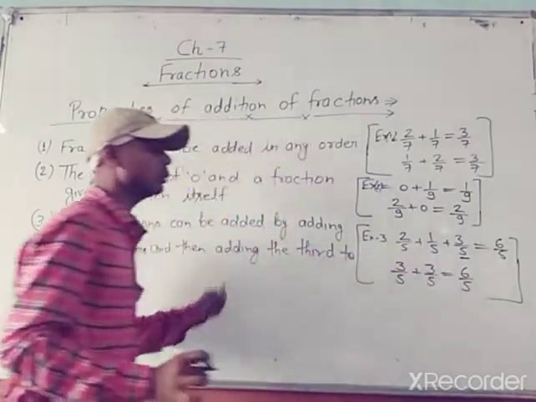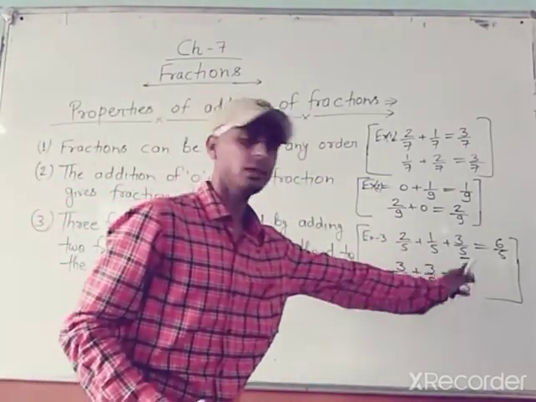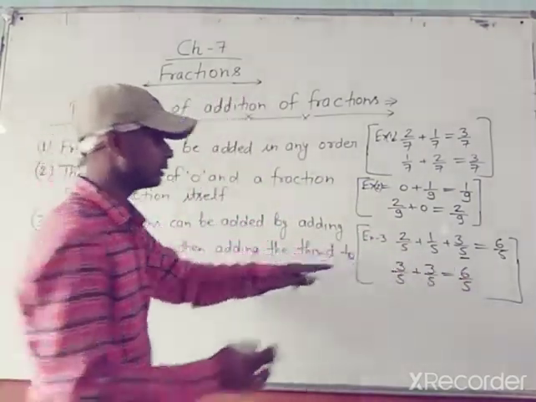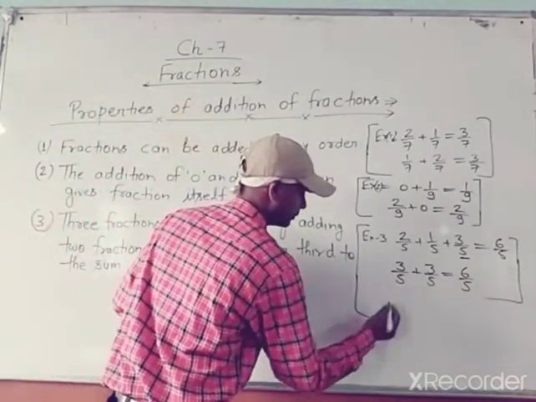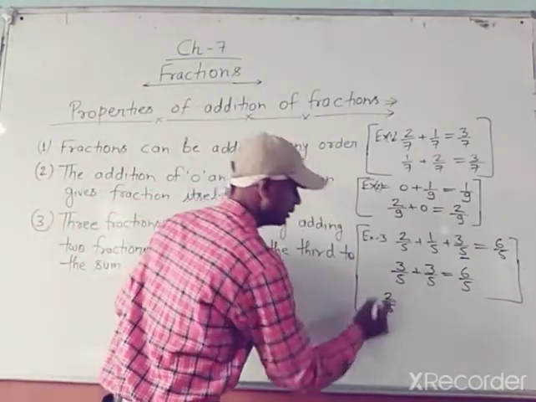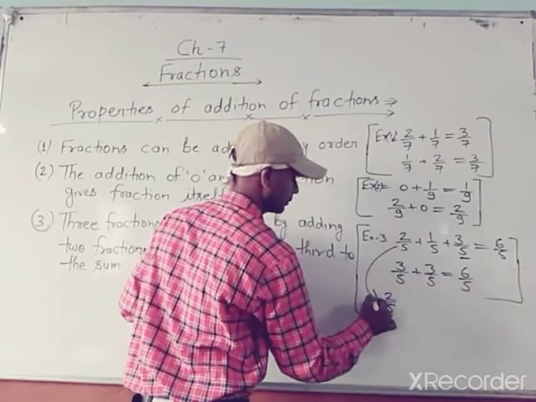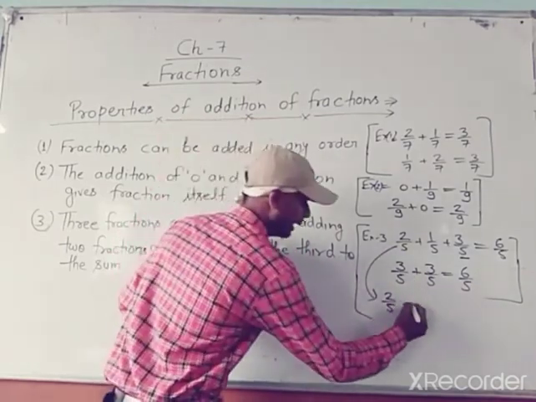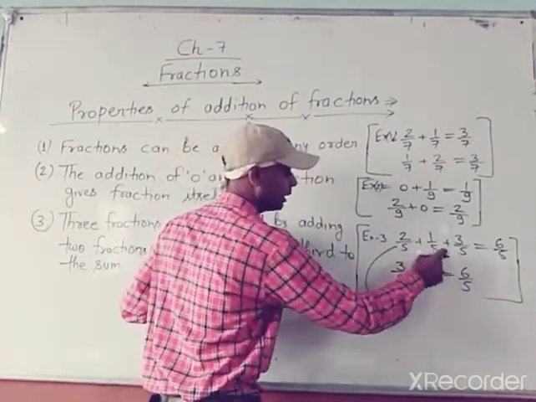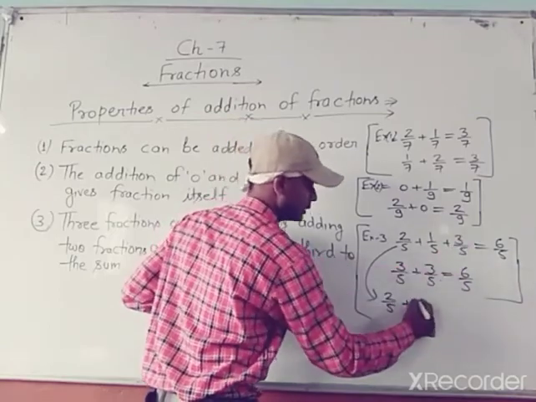But if you want to add the second and third fractions, then leave the first one, 2 by 5, and add these two: 1 by 5 and 3 by 5 is equal to 4 by 5.